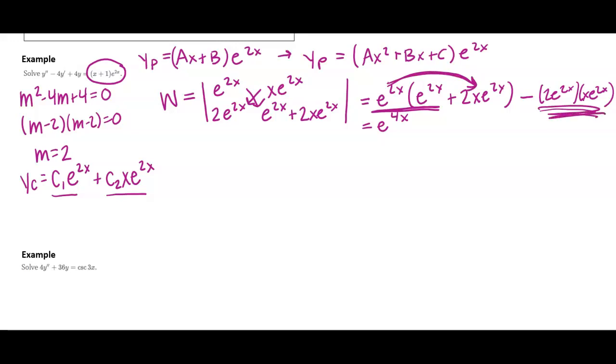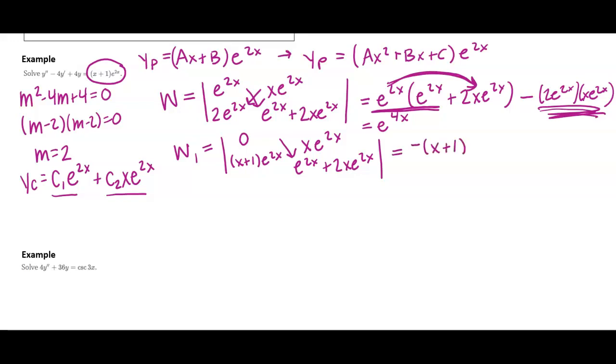All right, so then let's look at how we would find our Wronskian 1. So we set this up by doing 0 and then f of x in place of my y1 and my y2. And then everything over here on the right-hand side stays the same. Now, I don't have to worry about that. I just need to say that this is negative x plus 1 e to the 2x times x e to the 2x.